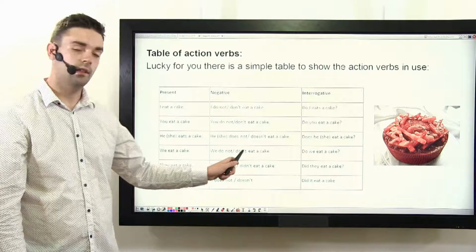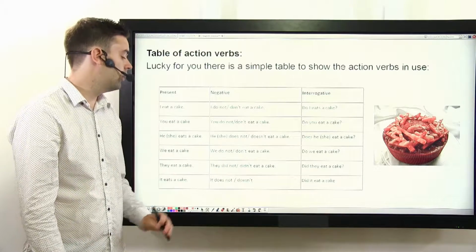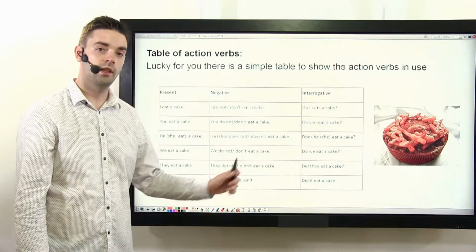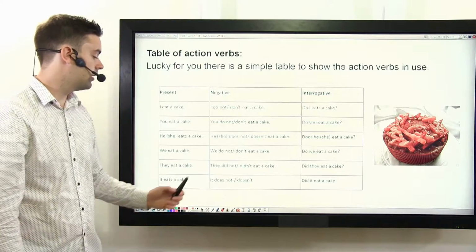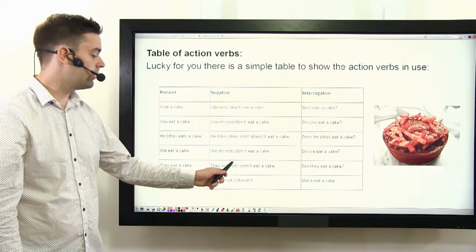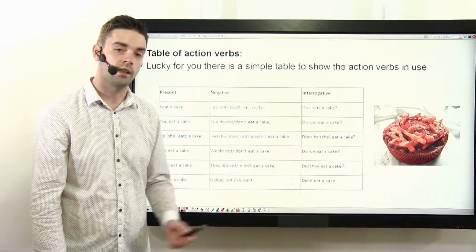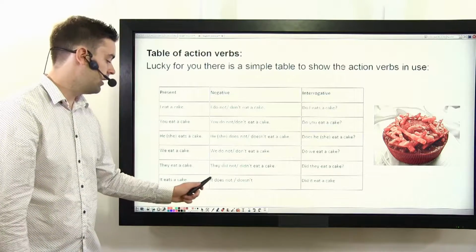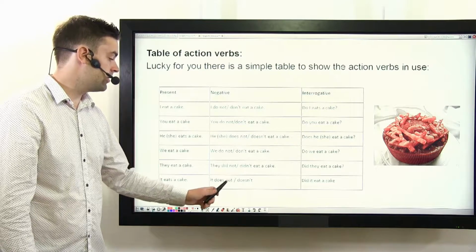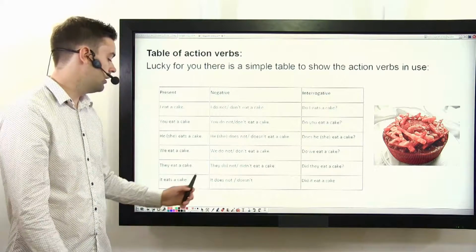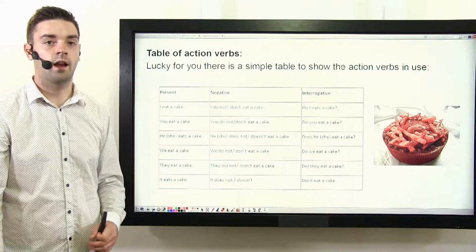We do not eat a cake. We don't eat a cake. They did not eat a cake. They didn't eat a cake. It does not eat a cake. It doesn't eat a cake.